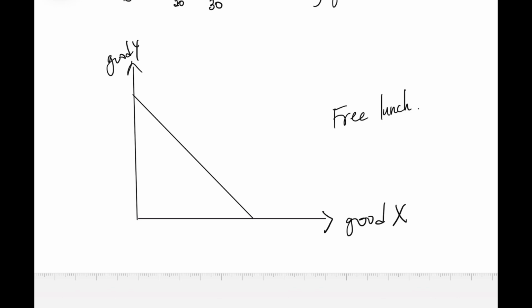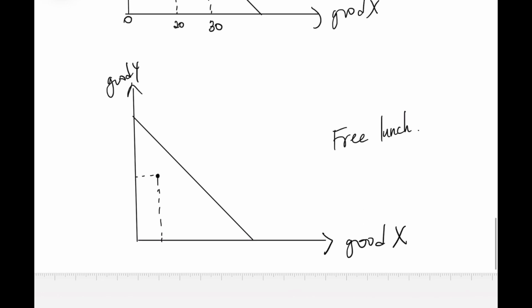So to illustrate a free lunch, you can start from the inside. Now, where are you going to go? Let's start with what we have at that free lunch point.